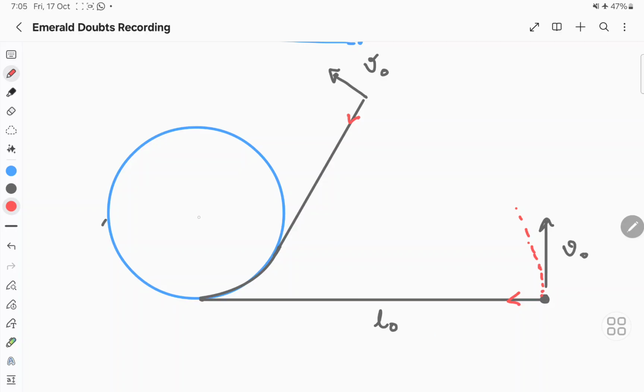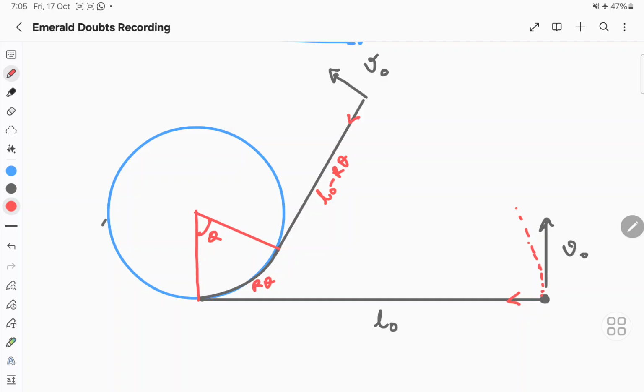Or we can investigate this instance and try to make some equation. At this instance, say the string has already wrapped theta angle. So this arc length is r theta. The remaining length will be L0 minus r theta.